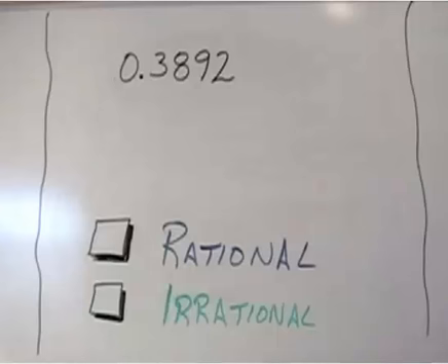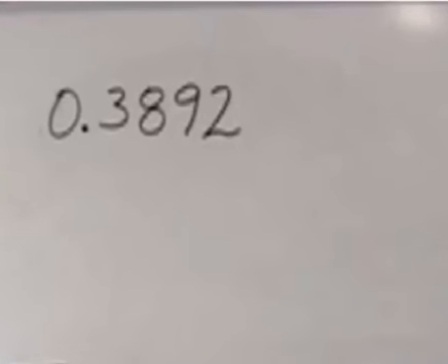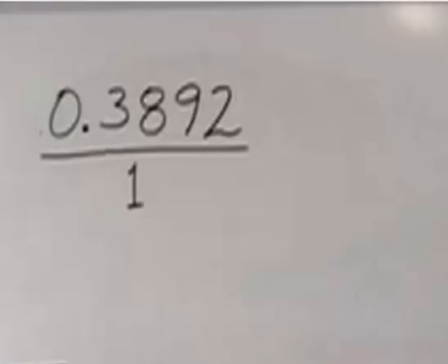0.3892. First, let me show you a way to turn any decimal into a fraction. Remember, we can turn a whole number into a fraction by writing a 1 underneath it. Let's do the same thing here. Now we can't leave that decimal in the numerator, so let's find the decimal in the denominator after the 1, and let's move both of these decimals together over to the right of the fraction.